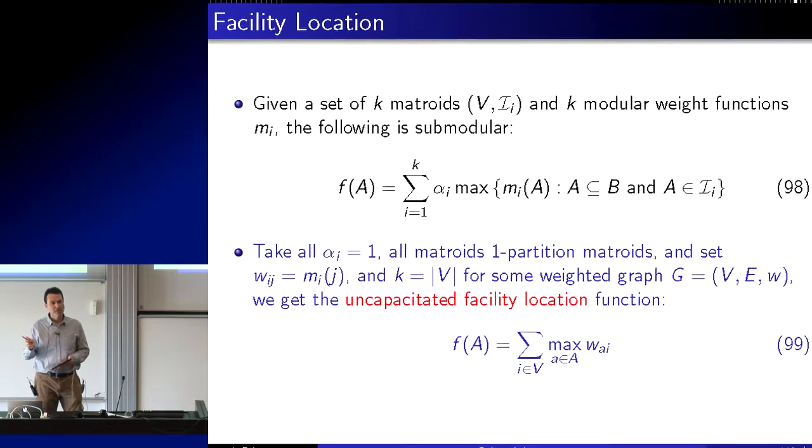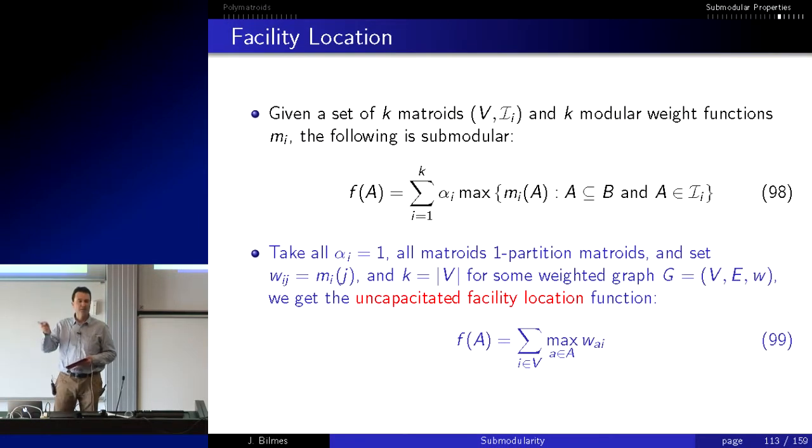You want to make sure that every city is well served by a factory, either a factory at the same location of the city or close to it by the road networks. And you're essentially saying that every city has to be served by one factory. This function then gives you, in some sense, the cost of a particular choice of cities for where the factories should be built, which is a submodular function.